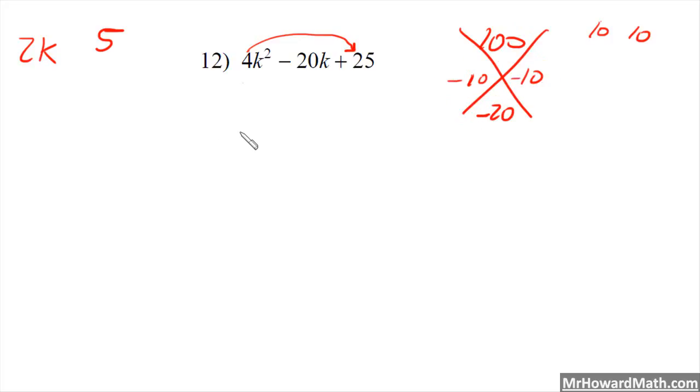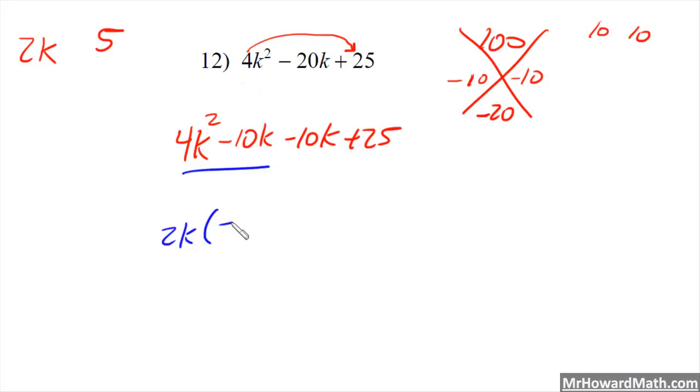So then I need to split it into two pieces, just like we did last time, because the leading coefficient is bigger than 1. So 4k squared, subtract 10k, subtract 10k plus 25. Now, greatest common factor out of those, so we're grouping these up. So that would be a 2k greatest common factor. We'd be left with a 2k subtract 5.